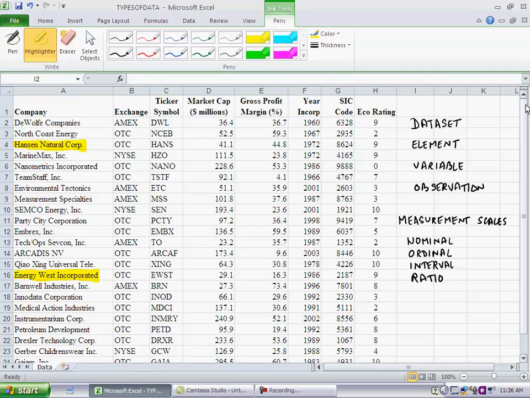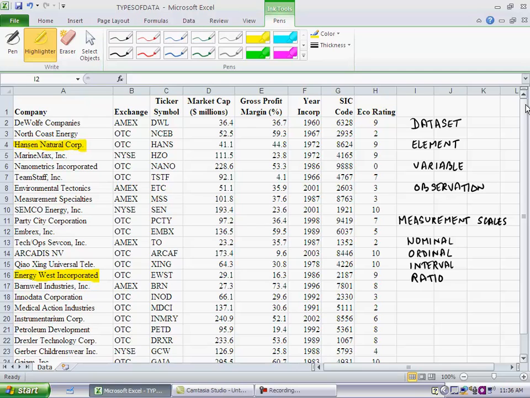In this example, for each element, the company, we are listing the exchange on which the stock is traded, the ticker symbol, the market capitalization, which is simply the stock price multiplied by the number of outstanding shares, the gross profit margin for a particular year, the year in which the company was incorporated, the standard industry classification SIC code for the company, and its eco-friendly rating by some eco rating organization.